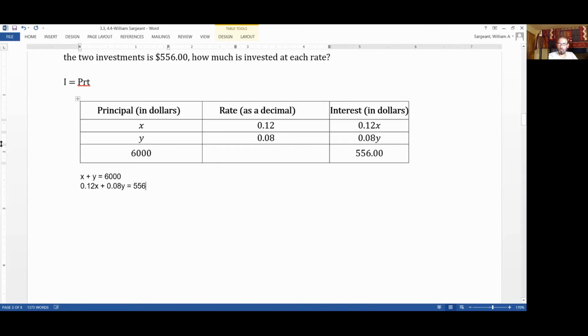Now, since we've got a 1x and a 1y in the first equation, we could do substitution, or I could multiply everything in the first by a negative 0.08.